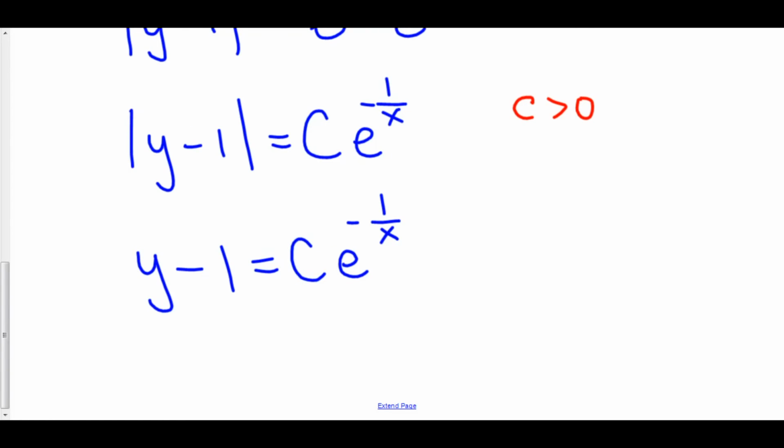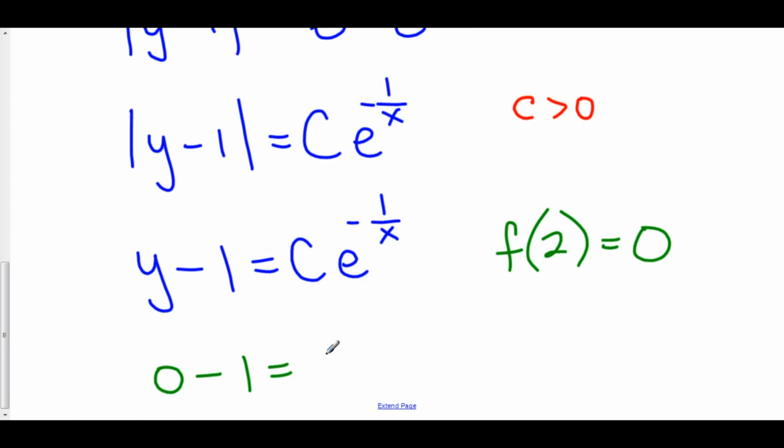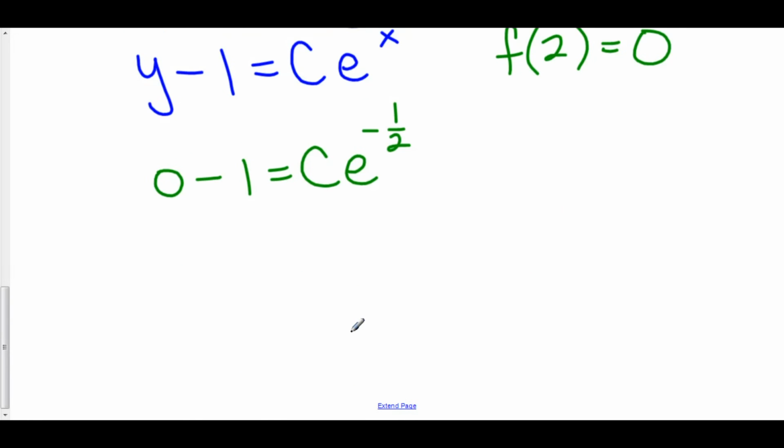And our initial condition is that f of 2 is equal to 0. We'll plug 0 into y, so we have 0 minus 1 is equal to c e. We'll plug 2 into x, that's negative 1/2. This means that c e to the negative 1/2 is equal to negative 1.